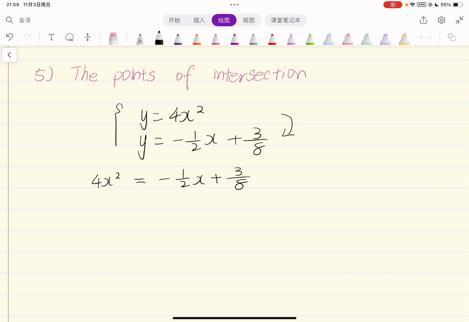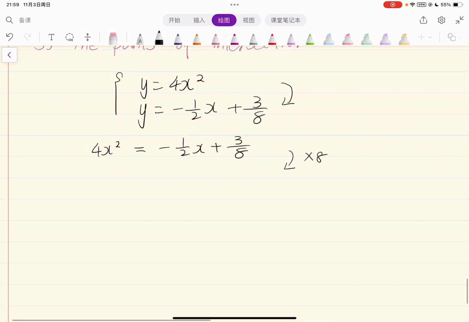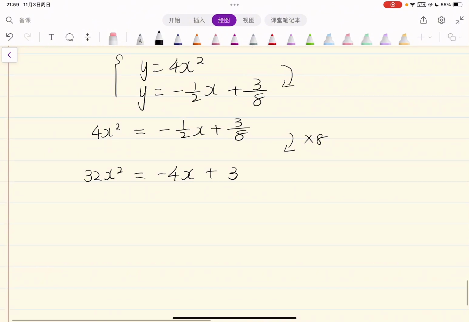We rearrange that by multiplying by 8 on both sides. We have 32x squared equals negative 4x plus 3. So we have 32x squared plus 4x minus 3 equals 0.